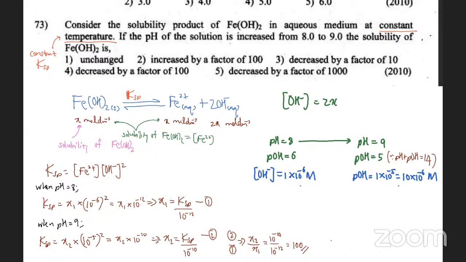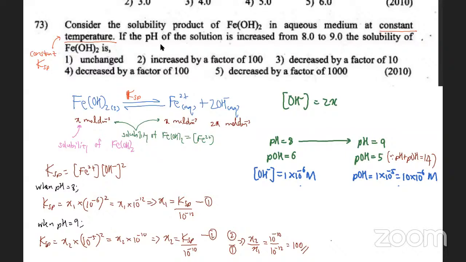I hope you guys understood this, because when you write this equilibrium, whatever the solubility of this, it will always be equal to Fe2 plus concentration, because Fe2 plus is released only by this. Hold on, 2010 29th MCQ. Anyone has an original scheme? We need to check the original scheme, people, not these past paper books of Pesuru. It's better if we have an original scheme and we check.